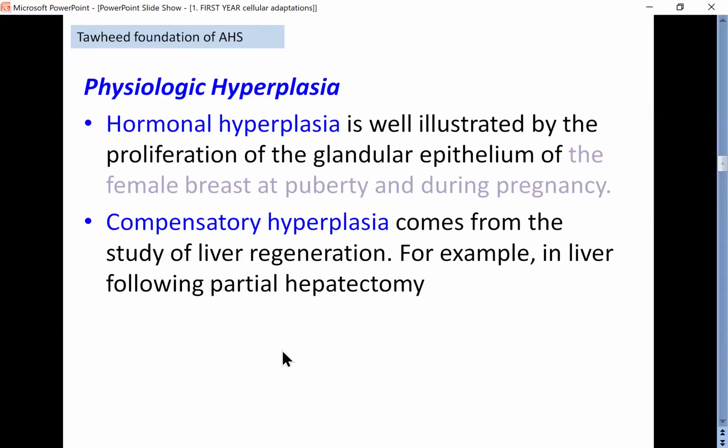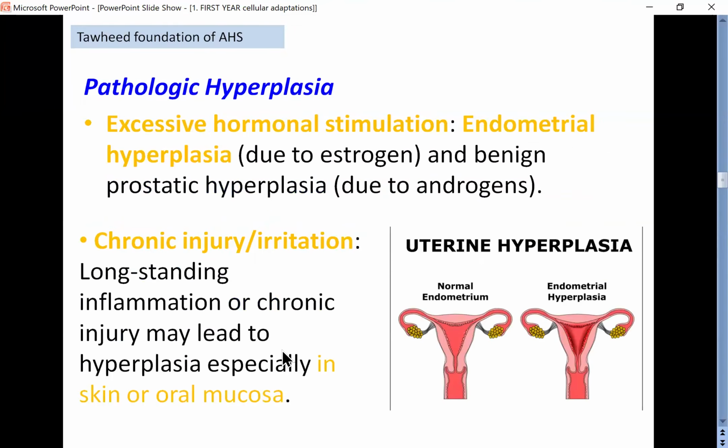All these are seen in physiological conditions, in normal persons. Now we are going to see pathological hyperplasia, that means in a diseased condition. Usually we see hormonal stimulation in physiological hyperplasia.